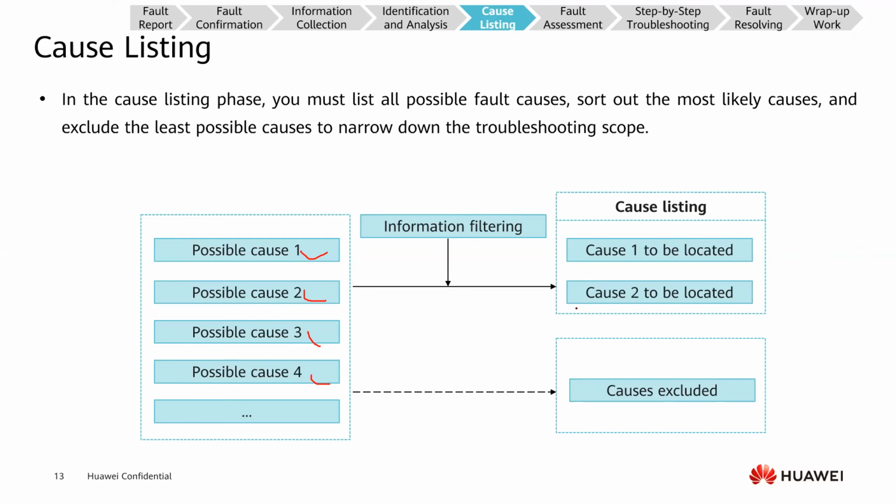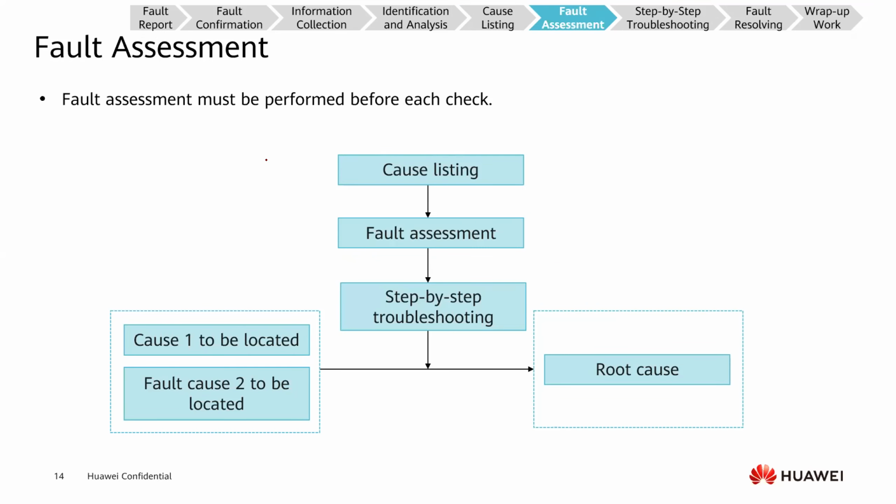Then we pass the impossible reasons. We just leave some of them. Then we do the further assessment, to do step-by-step troubleshooting.